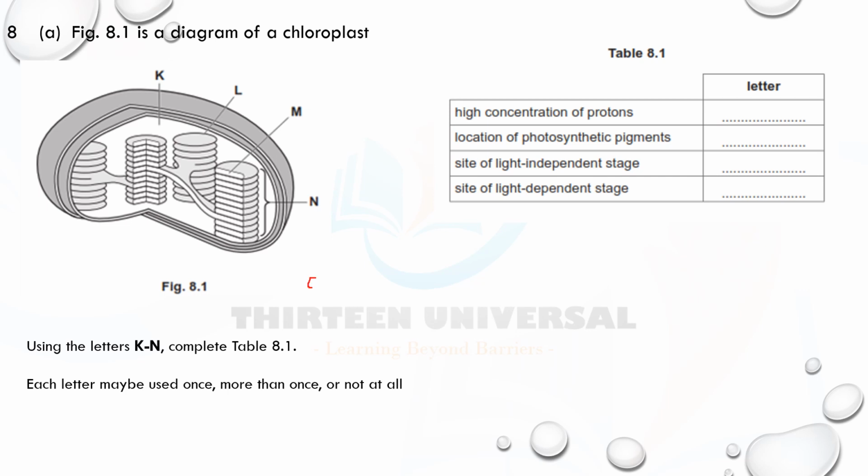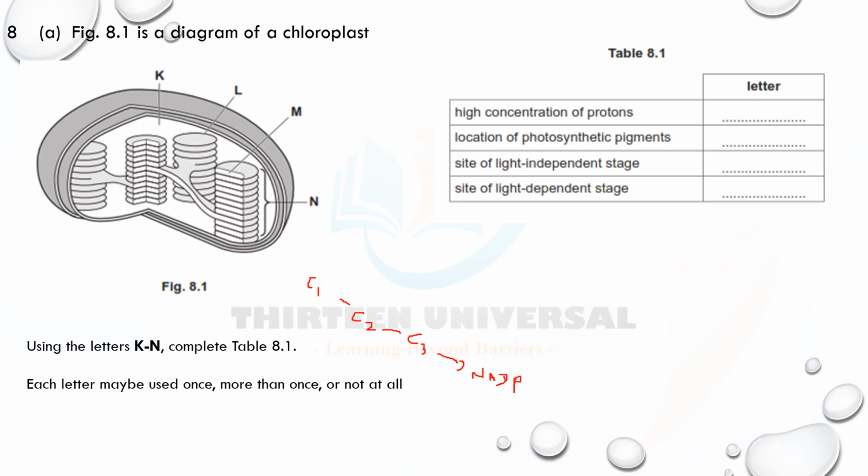This is carrier 1, carrier 2, carrier 3, and they're moving down the energy level. The final electron acceptor here is NADP. The energy released by these electrons is used to pump protons.